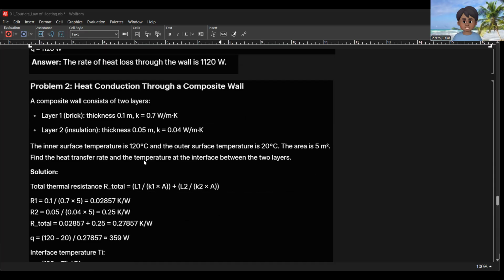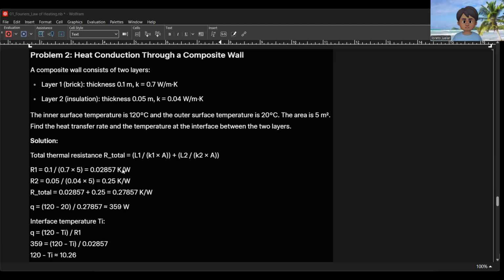The inner surface temperature is 120 degrees Celsius, and the outer surface temperature is 20 degrees Celsius. The area is 5 meters squared. Find the heat transfer rate and the temperature at the surface between the two layers.